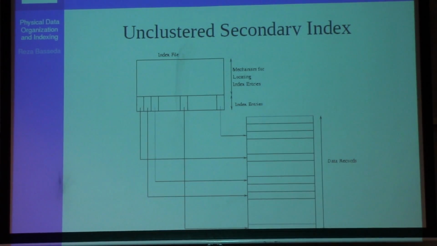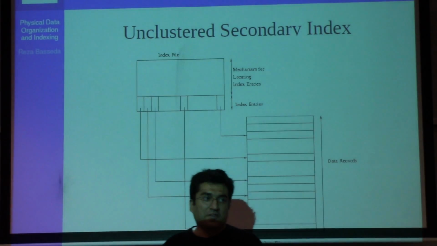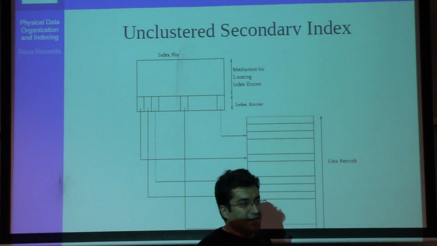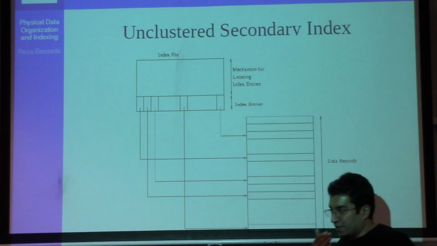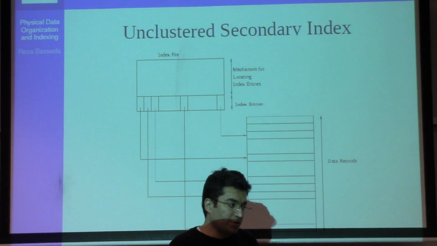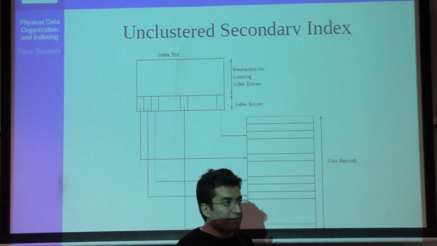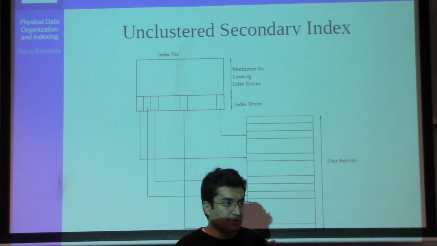For example, in the binary tree, what you are doing is first you go to find the starting point of the range query, and then traverse in order to find the rest of the records. So if it is sorted, it's good. If it is not sorted, and unfortunately for secondary indexes we usually cannot have clustering, then we are not getting any advantage on range queries, but we still get advantages on single queries, where the query returns one single row.